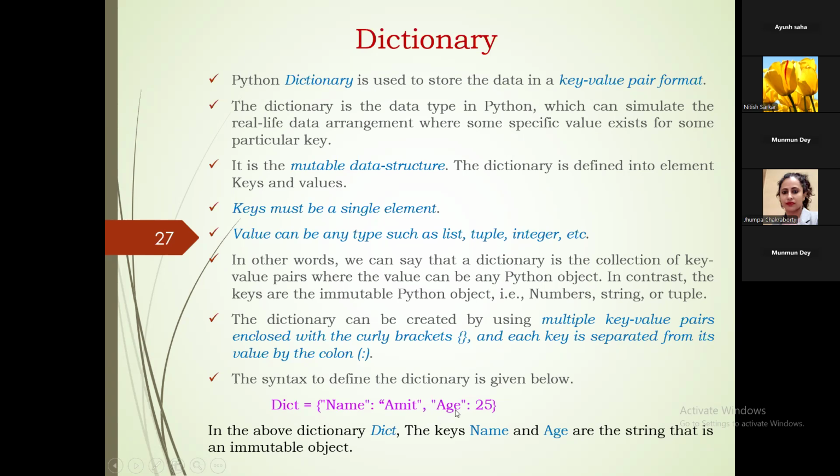Age is the key. What is the value of the age? 25. And just to think, we have written this thing in curly brackets, and key and value are separated by colon. Okay. This is very, very important. It's separated by the colon.